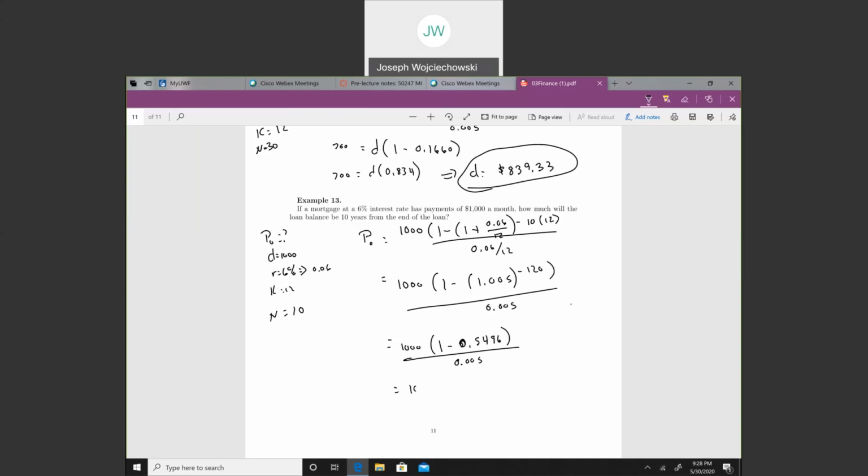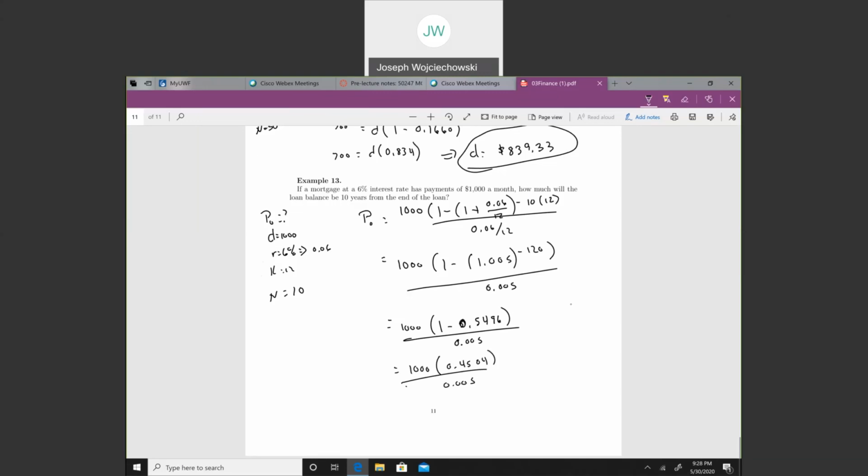So we have 1,000 times 0.4504 over 0.005. This is 450.4 over 0.005, and we get 90,080.